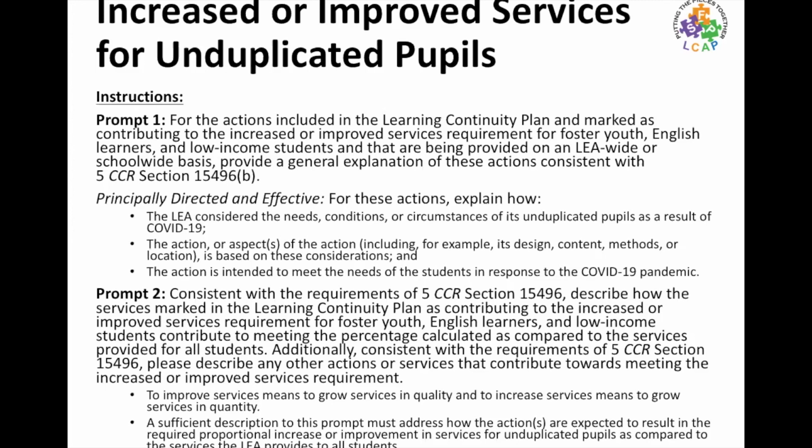The instructions state that the description for this section applies to services marked in the Learning Continuity Plan as contributing to the increased or improved services requirement, and requires the LEA to explain any additional actions or services that contribute to meeting the increased or improved services requirement.